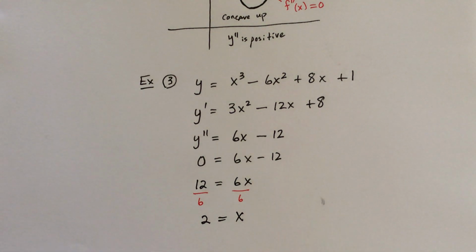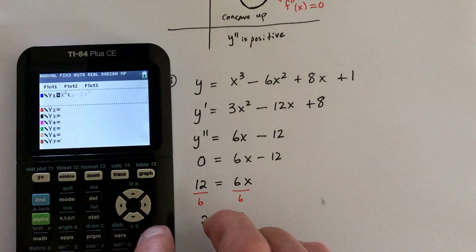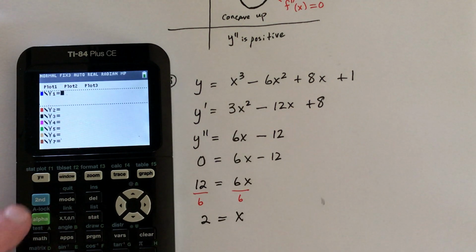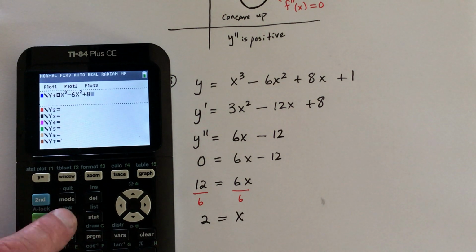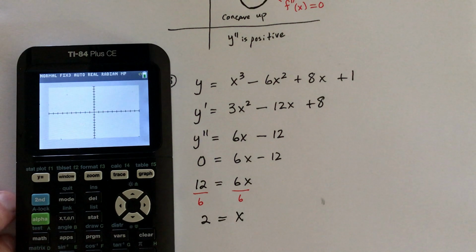And then if you go back to that graph, let me just graph the original one again. x cubed minus 6x squared plus 8x plus 1. And then go back to Zoom Standard.